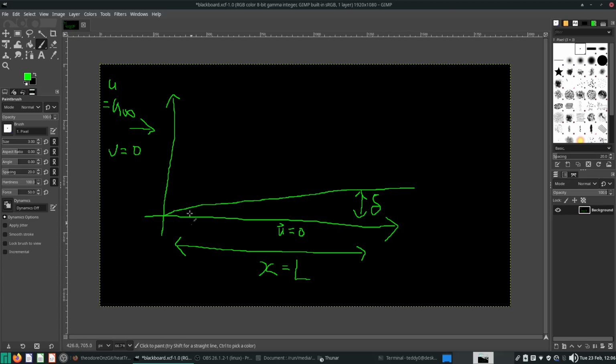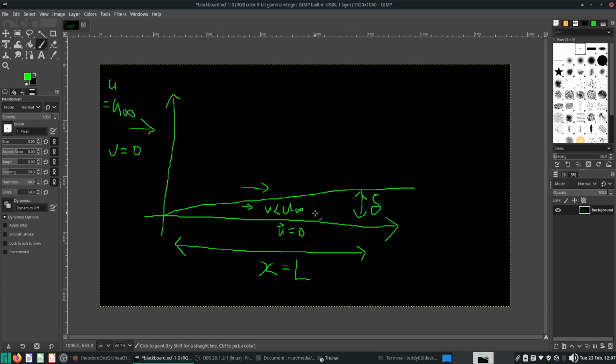Okay, of course when you start to encounter the boundary layer, the x velocity here is less than u infinity. So the fluid must go somewhere.